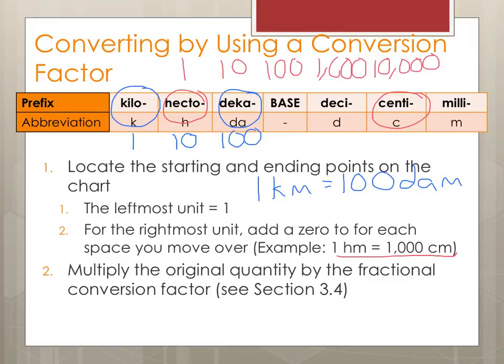So, whoops, I had a little typo here. 1 hectometer is going to equal 10,000 centimeters. Okay, so once we have that conversion factor, we're going to multiply our original quantity by the fractional conversion factor like we did in 3.4.